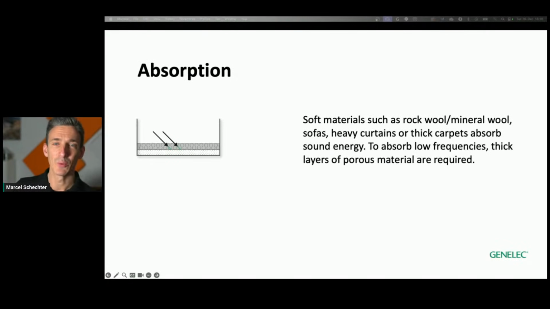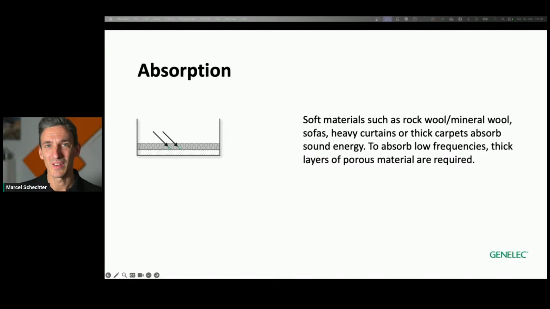Absorption is something we can make use of, and which is absolutely appreciated when it's about room acoustics and treatment, because absorption allows the sound to go through a material, for example, mineral wool or foam or stuff like that. It can also be your old sofa. This also acts like an absorber, not in a controlled way, but it does.